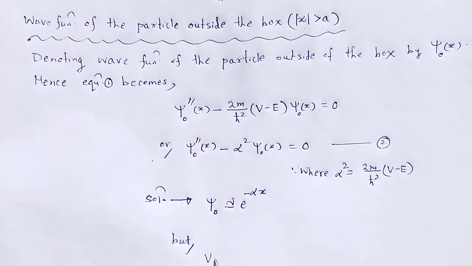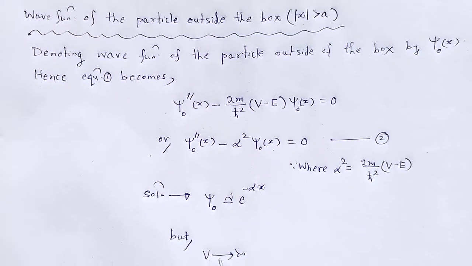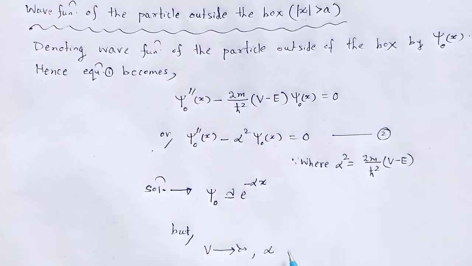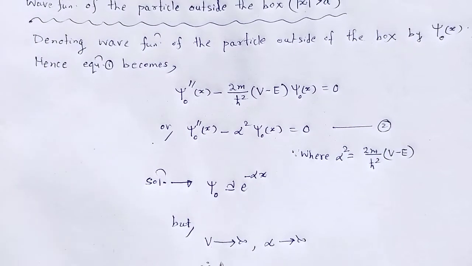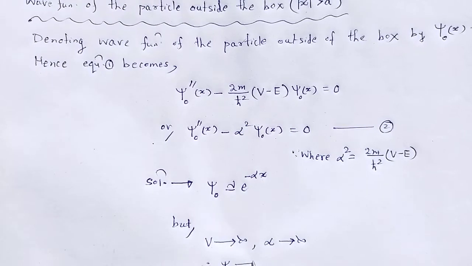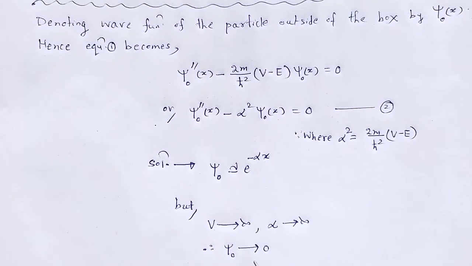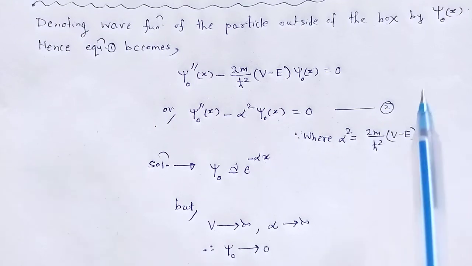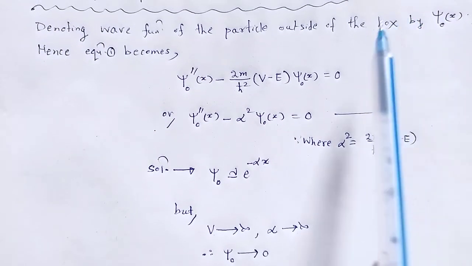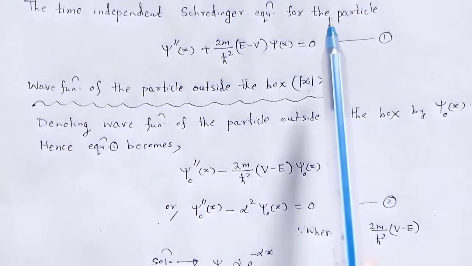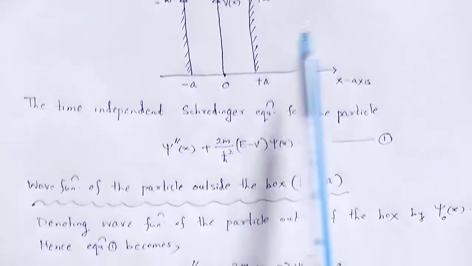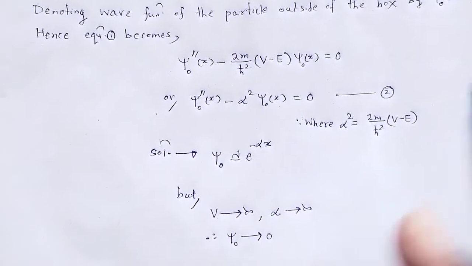But we know that when V, the potential, tends to infinity, similarly alpha tends to infinity, therefore psi naught tends to 0. That means the value of psi naught, which represents the wave function of the particle outside the box, will be 0.